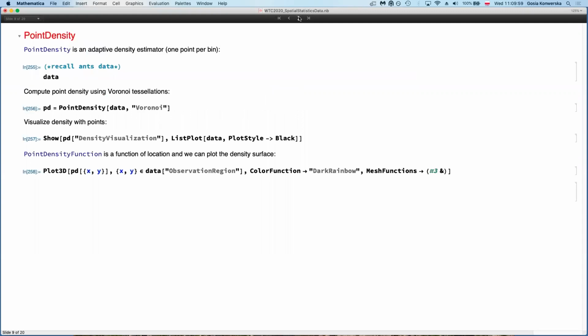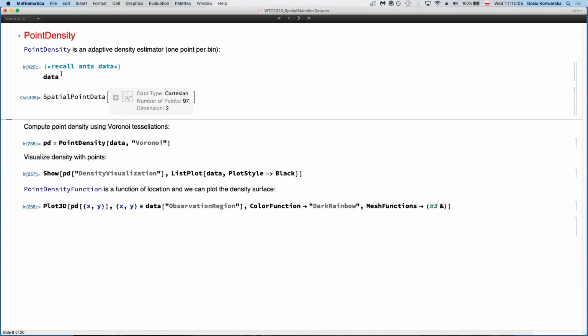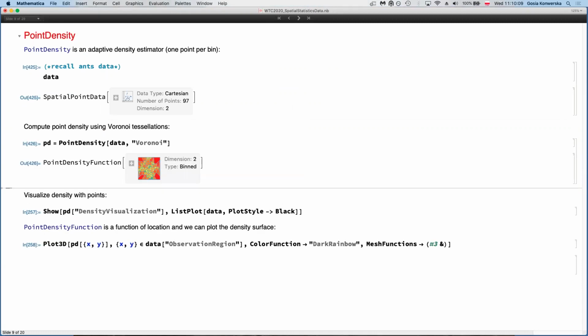PointDensity is an adaptive density estimator. It's one point per bin. So let's recall our ant data. And we can compute the point density using Voronoi tessellations. And we can show the density with the data points. So you see one point per bin, and the closer the points are to each other, the smaller the bins get, and so we have a higher value of density.